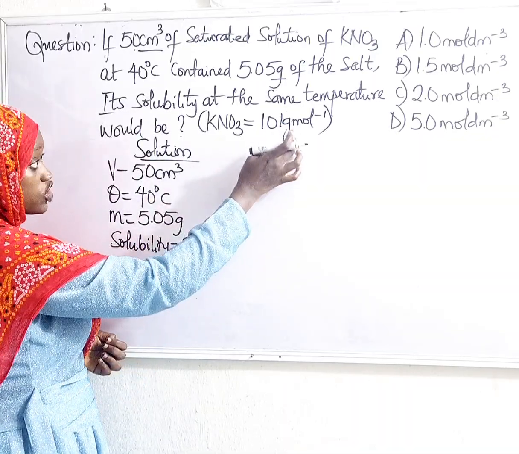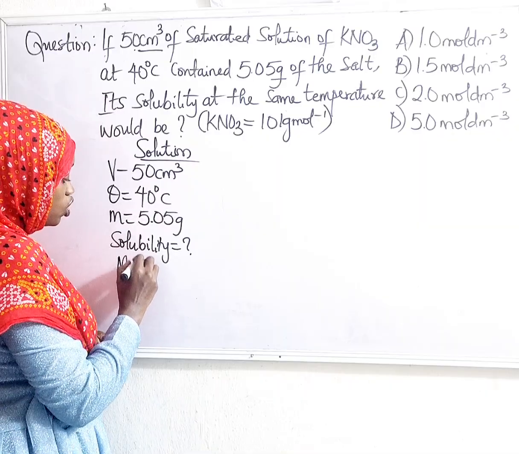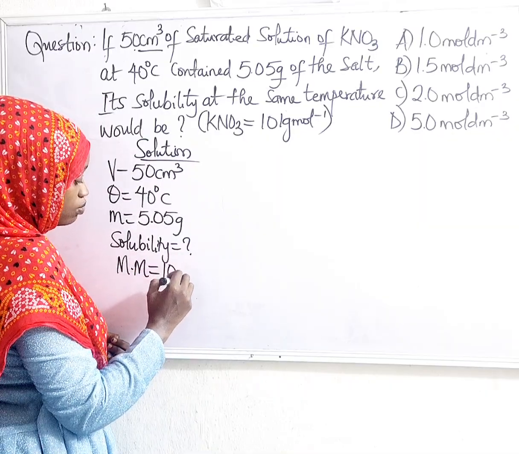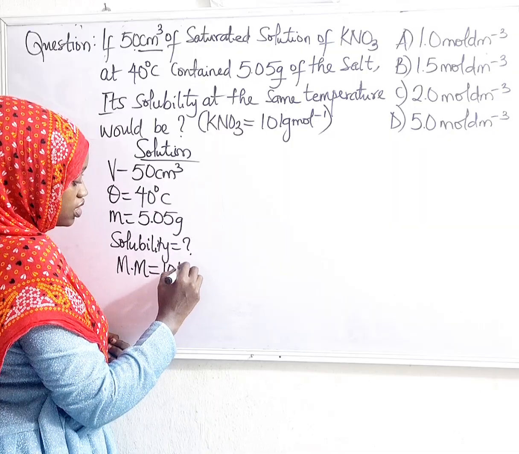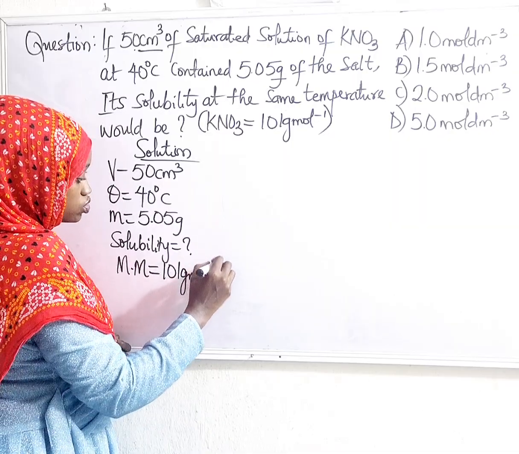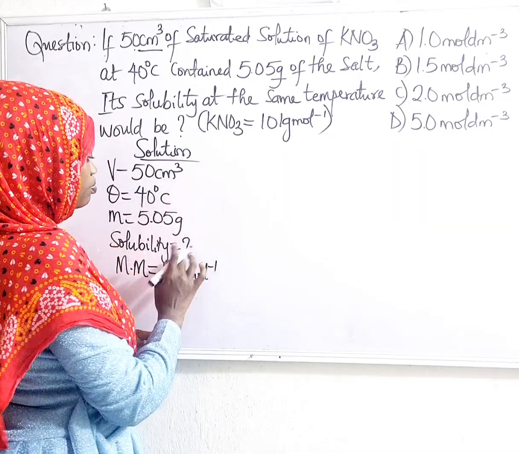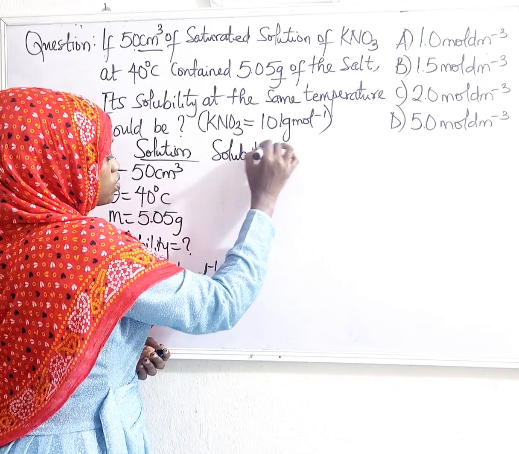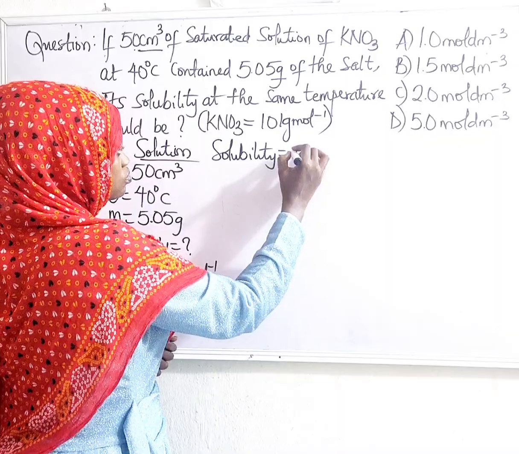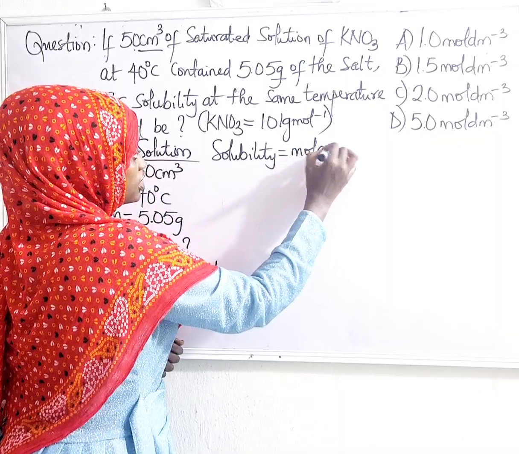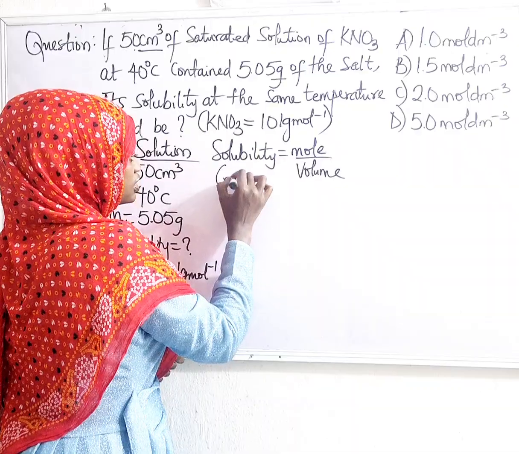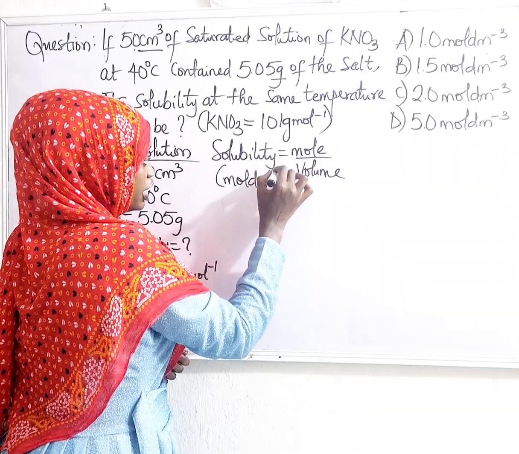We are also given the molar mass, which you can also call the relative molecular mass, as 101 gram per mole. So for us to calculate solubility, the formula is mole divided by volume, and the unit is mole per dm cube.